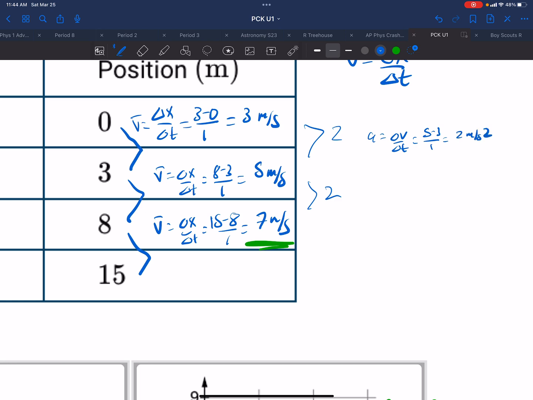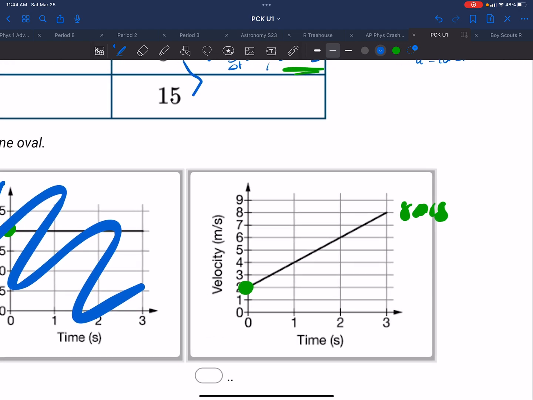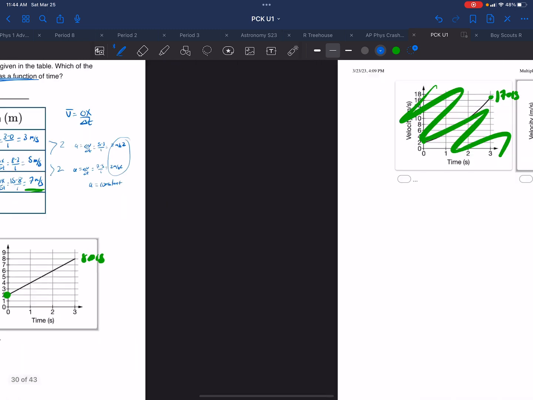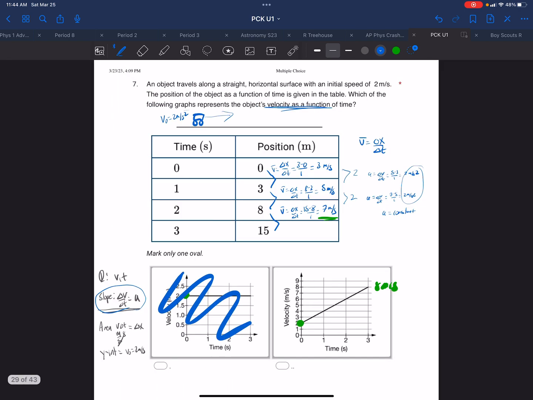And if we look at this next interval in time, we have 7 minus 5 over 1, which is 2 meters per second squared. So what that tells us is it looks like the acceleration is constant. And the acceleration is the slope. We're looking for constant slope. We look at choice 2, it looks like constant slope. Choice 4 is not constant slope. So that tells us that choice 2 is definitely the best answer.